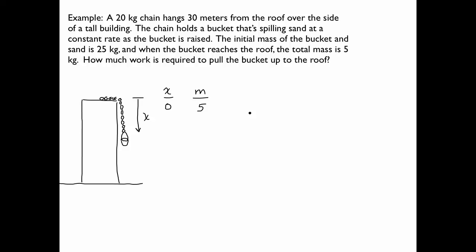And then what about when X is 30? When we just start, what's our total mass of bucket, chain, and sand? Hopefully that's not hard. Chain is how much? 20. Bucket and sand is 25. So total mass at a length of 30. 45.